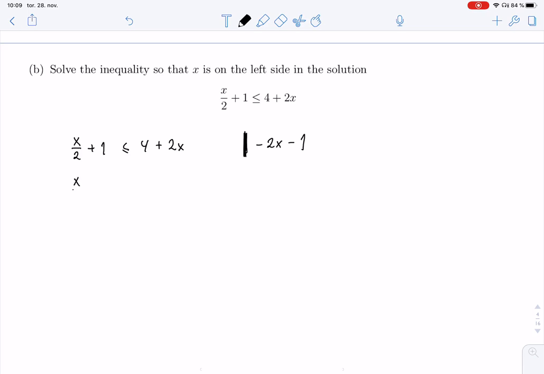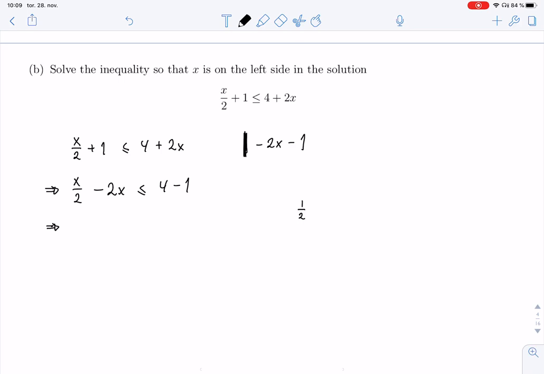So we have x divided by 2 minus 2x less than or equal to 4 minus 1. We're not supposed to turn this one around because we haven't multiplied or divided by any negative numbers. Okay, now we have x times a half minus 2.